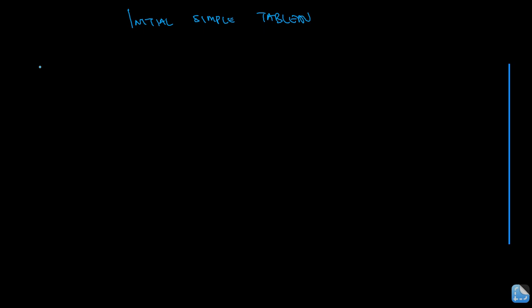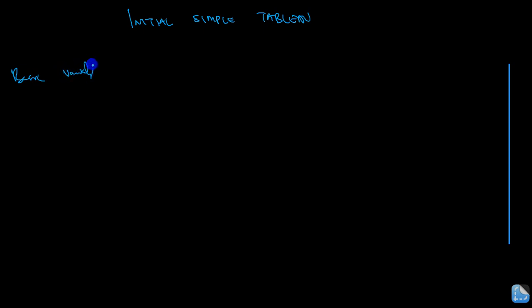But what I found to be the easiest for most students to work with is the table that I'm going to show you. Now, in this table, the first thing that you must have are your basic variables.